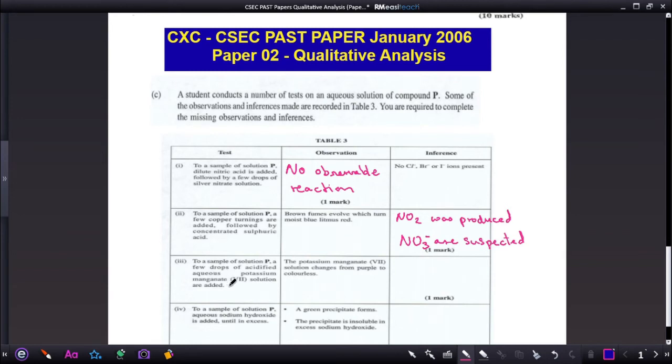Part 3. To a sample of solution P, a few drops of acidified aqueous potassium permanganate solution are added. The potassium permanganate solution changes from purple to colorless. What would change potassium permanganate from purple to colorless? We know that the sulfur dioxide is the culprit responsible for that. So sulfur dioxide gas was produced.